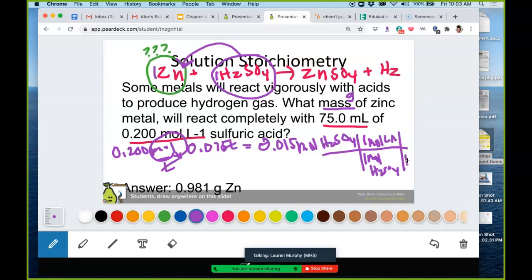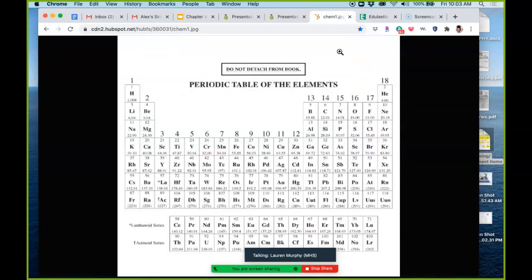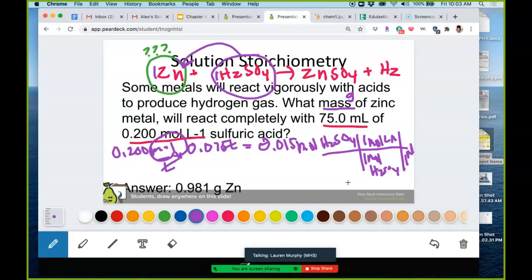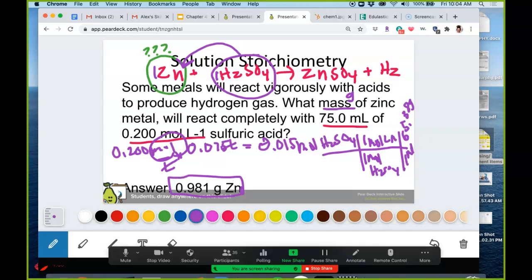And I wanted grams though, so 1 mole of zinc is, jump to your periodic table, you find zinc 65.38 grams. Sorry about running out of room. And you calculate this out, 0.015 times 65.38. This is a 3-digit number and this is a 3-digit number, so your answer should be 3 digits. And this is the mass of zinc you would need to react completely with this much acid.